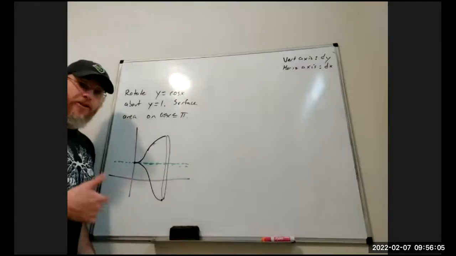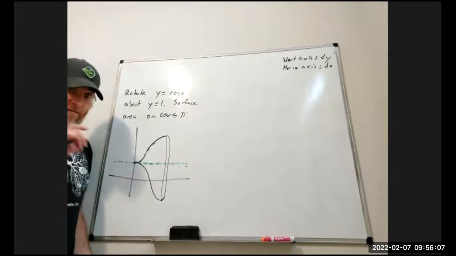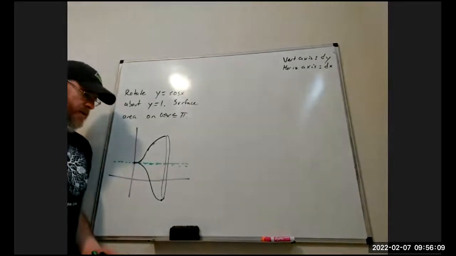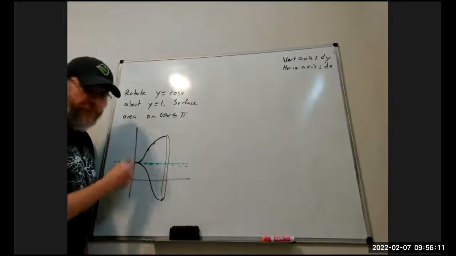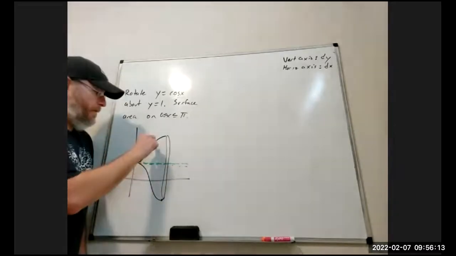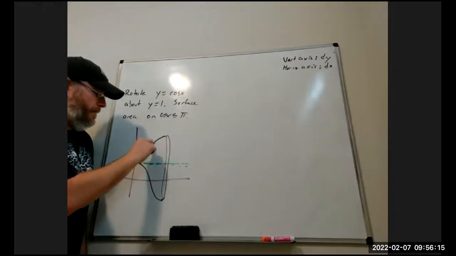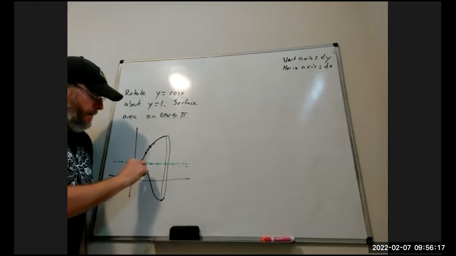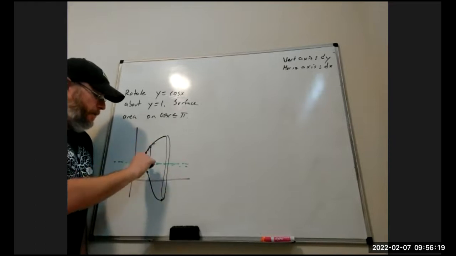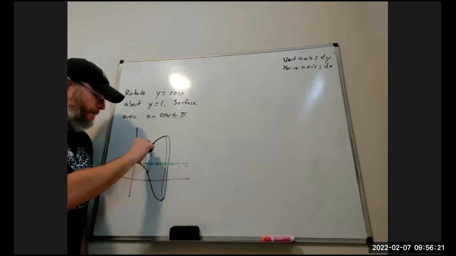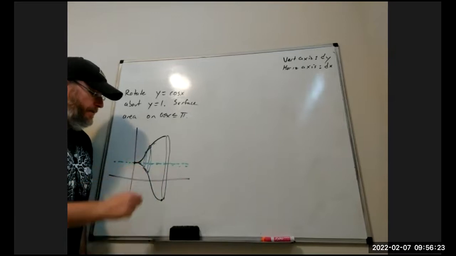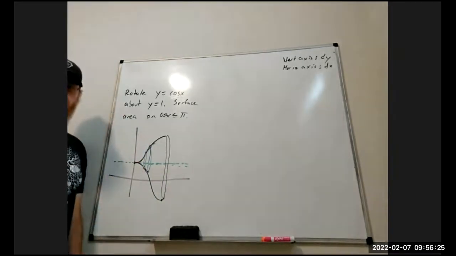Now let's start setting up this integral. So again, I'm going to draw one of the little pieces, one of the frustums, so that we can get an idea of first which direction we're going, if we want a dx or dy, and then we can start figuring out radii and all that stuff.